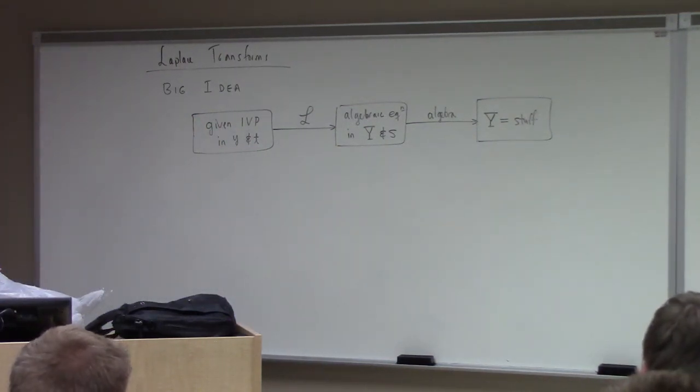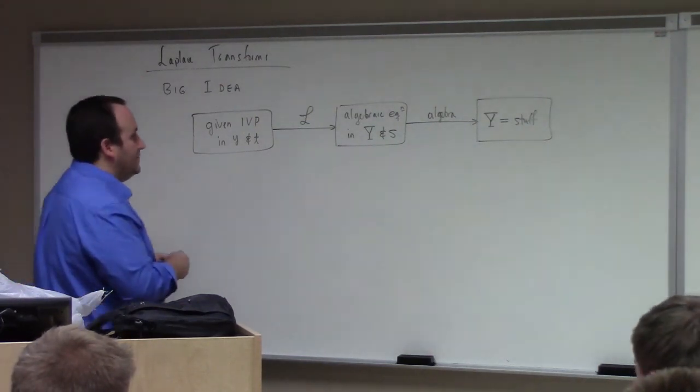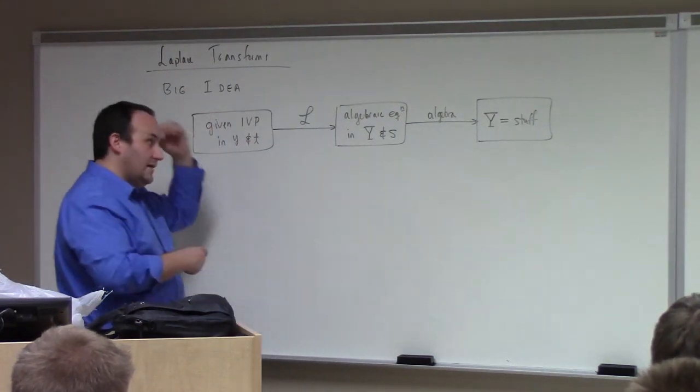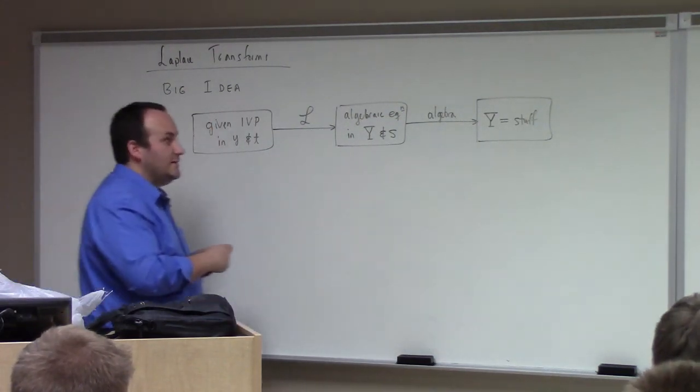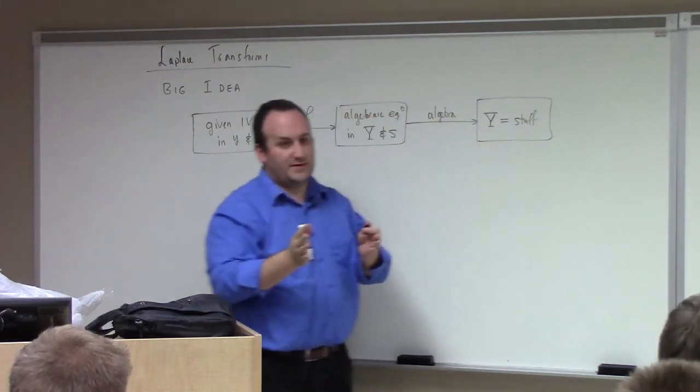Again, there are pathological examples where you actually get a differential equation in Y. So this is not universal advice, but for the ones we'll be looking at, by and large, after we take the Laplace transform, we get an algebraic equation. So you get Y equals stuff. And then the trouble is this stuff may or may not be actually on that table you have.